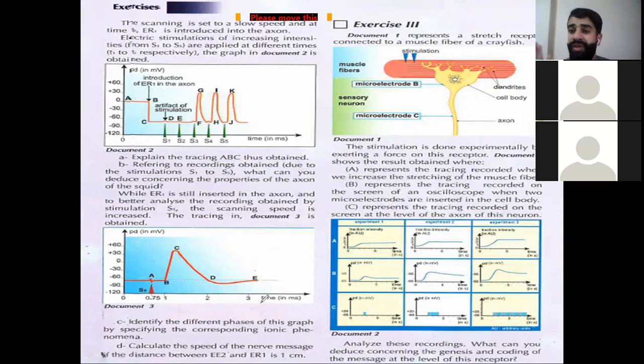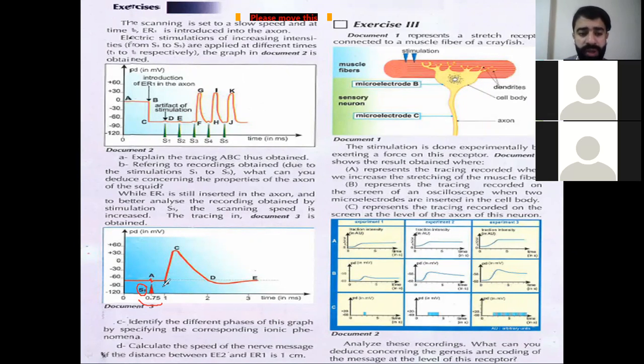Here we have to talk about the Na plus channels and Na plus ions, and K plus channels and K plus ions as well. The stimulation S5 was applied at 0.75 millisecond.